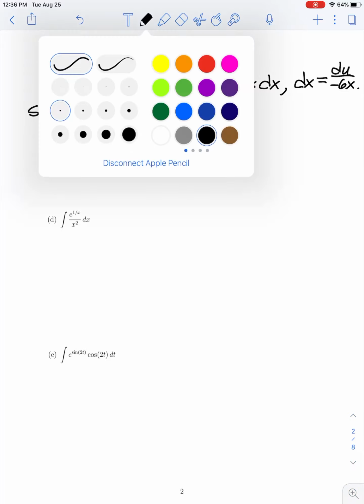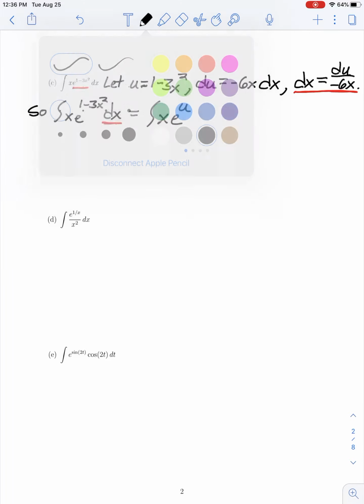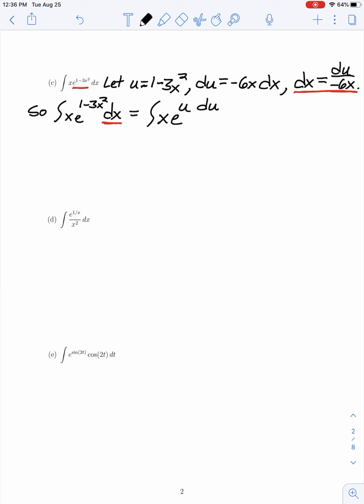And then this factor dx that appeared on the end, well, we solved for dx in our earlier work. We found it is du divided by negative 6x.